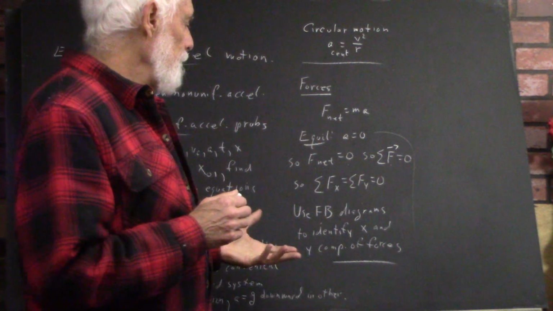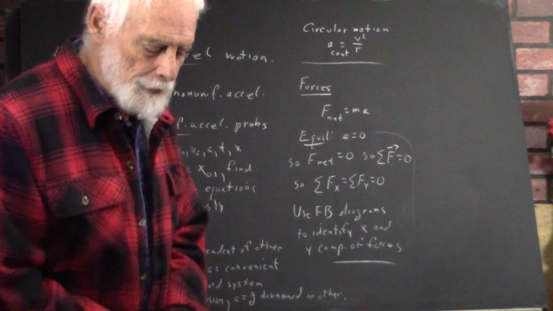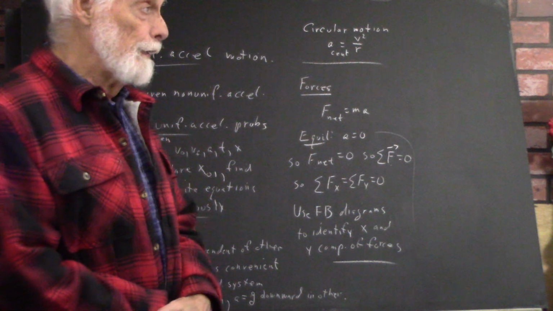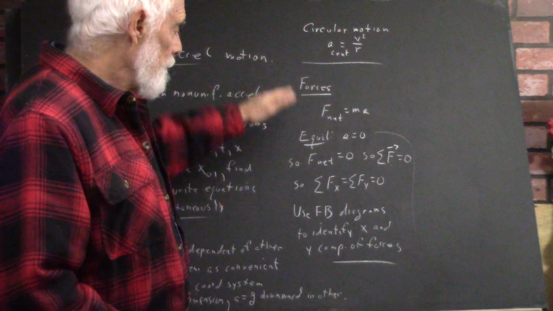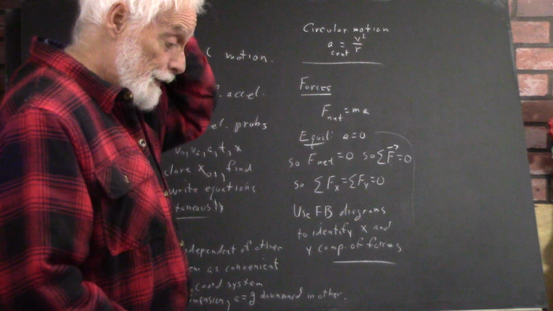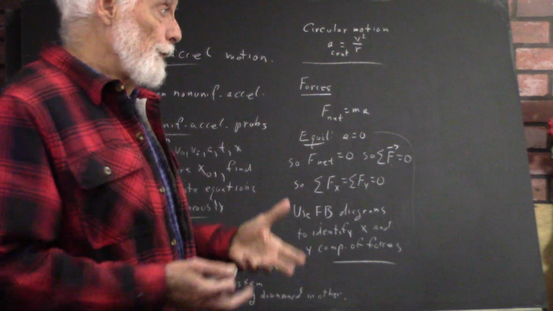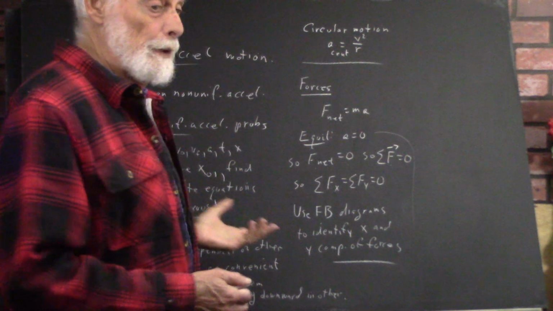Wide variety of cases, and your text and your Mastering Physics does a really good job of running you through a variety of cases. But those are your principles. Everything comes down to these principles, and you want to see in those examples how the principles play out so that you're able to solve problems even if they're unfamiliar.